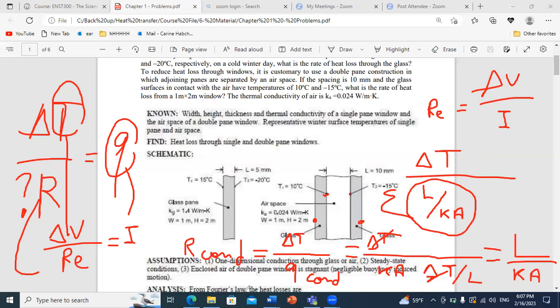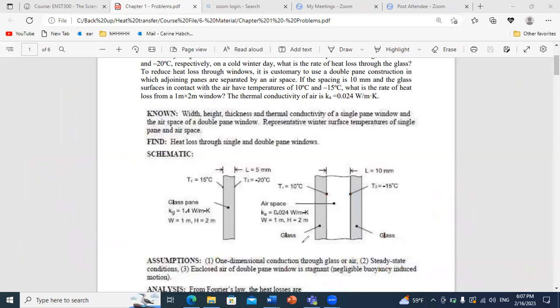So from here we can say that by analogy with electricity, we can represent each thermal system by an electrical circuit. Here we can consider that it's equivalent to having 3 resistances in series. This is resistance 1, this is resistance 2, this is resistance 3.